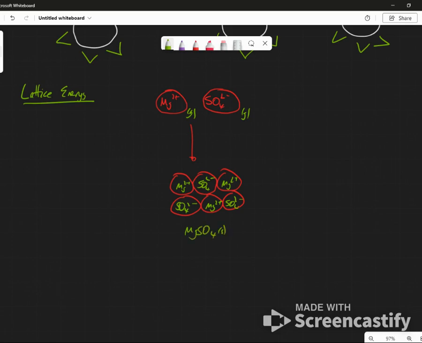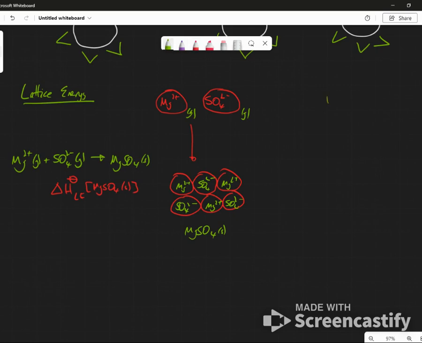The equation for this would be: Mg2+ gas plus SO4 2- gas gives MgSO4 solid. And this is the delta H lattice energy for magnesium sulfate solid. Do we understand that, everyone? Excellent. Well done, Basadi. Thank you.